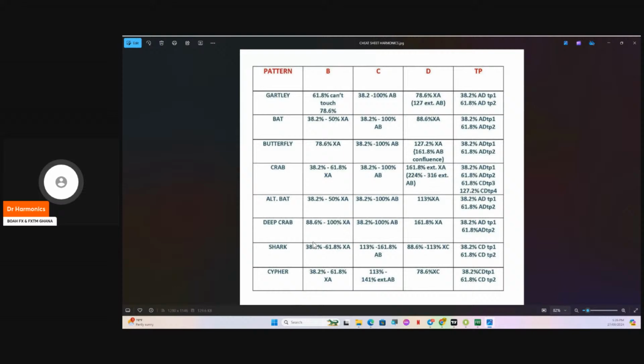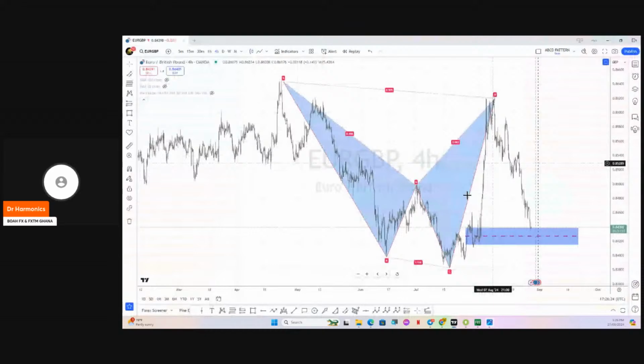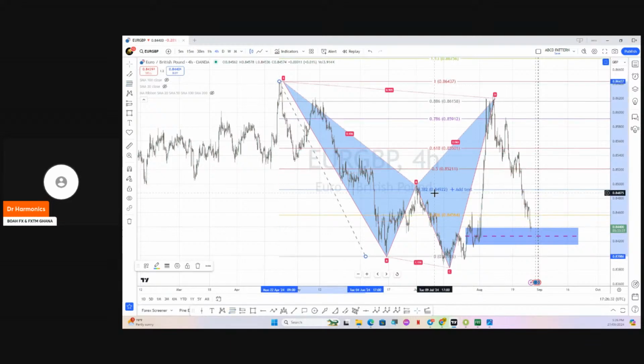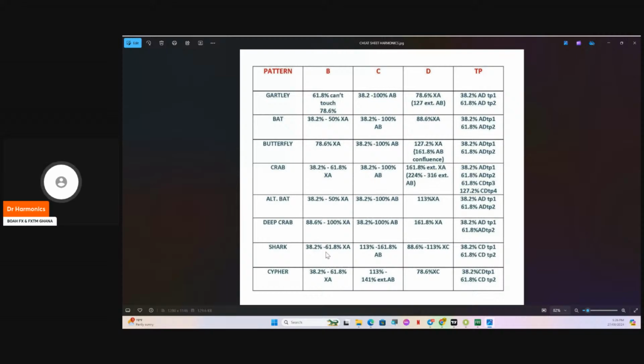If the B is at 38.2 to 61.8, and the C is at 113 to 161, the potential target should be what? 88.6 to 113 of XC. So to get B, X to A, we have 38.2, which qualifies for shark and cipher.